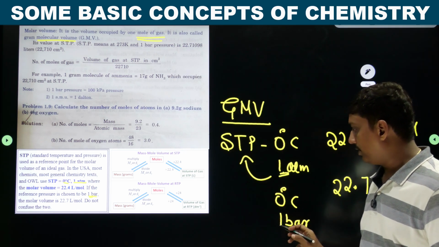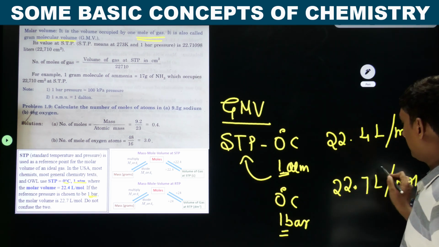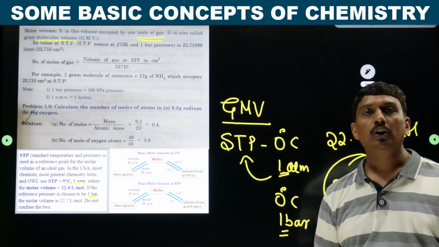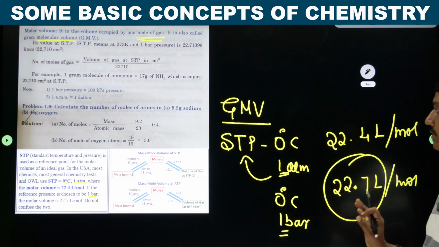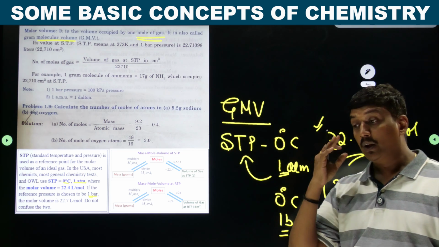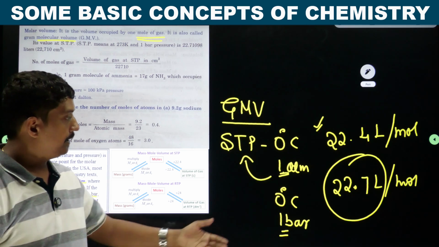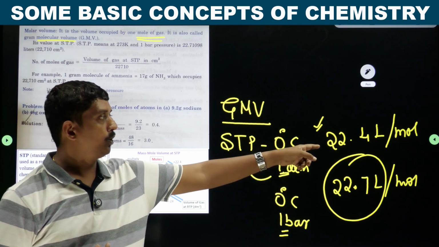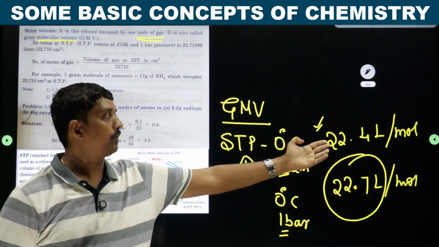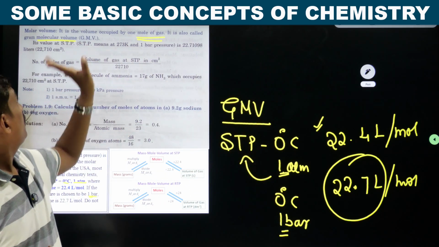In the place of atmosphere, if pressure is taken in terms of bar, the volume is equal to 22.7 liters. This is the difference. Usually we use 22.4 liters per mole. In some exams, if the pressure is given in terms of bar, the molar volume should be 22.7. If atmospheric pressure is given, we should take 22.4 liters. This is the difference in molar volume.